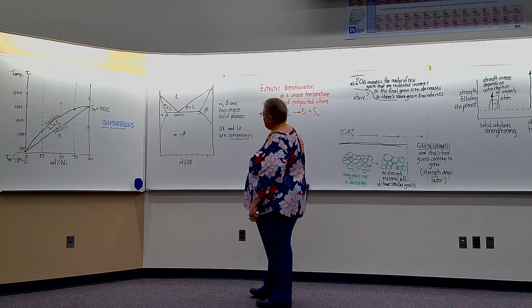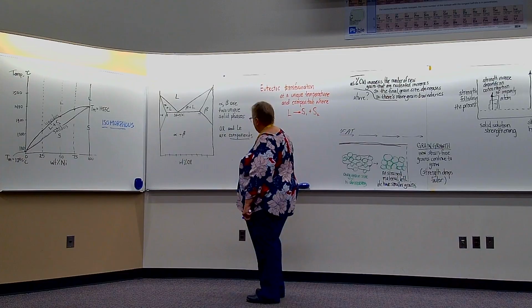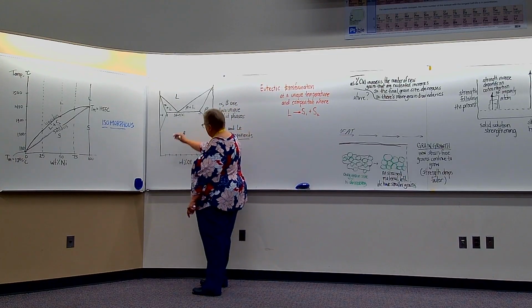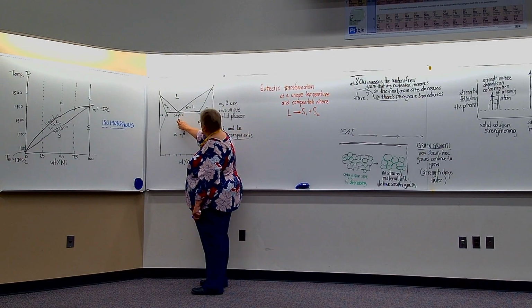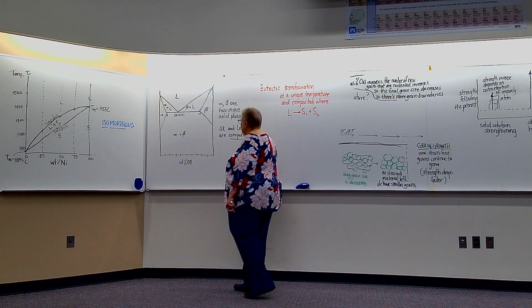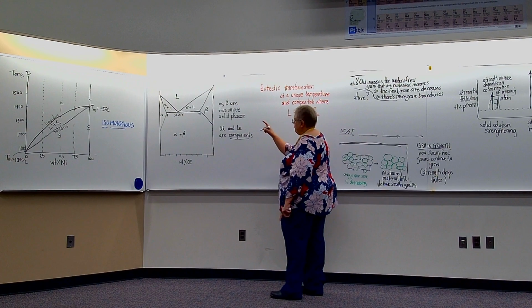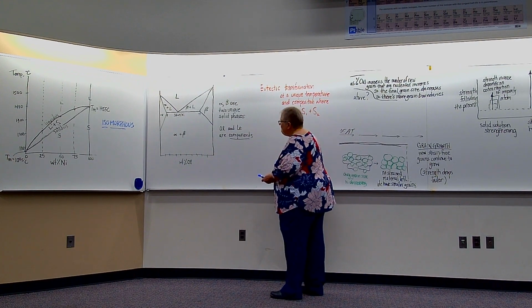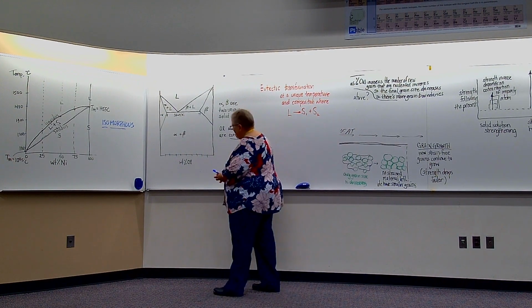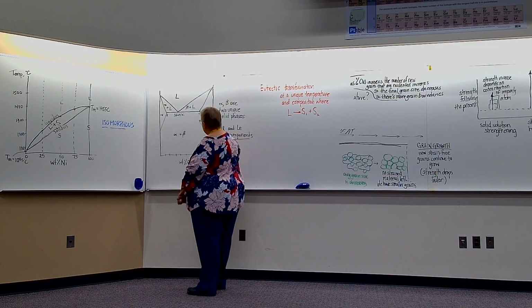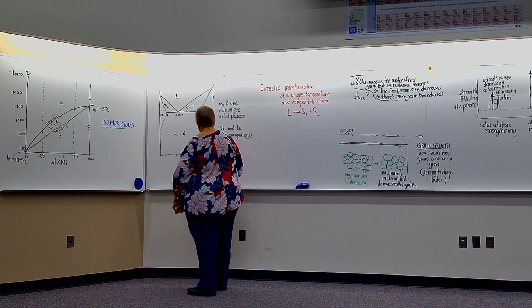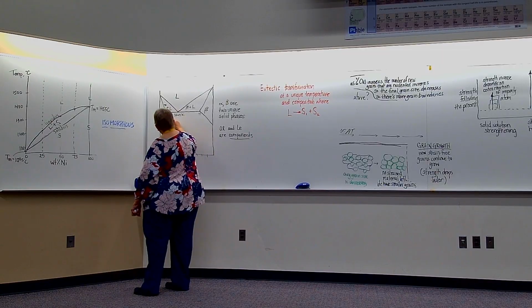So I've taken that line that starts at 18 weight percent OL, and it has this meeting place of 35, and it has this endpoint at 77. So for this phase diagram, that eutectic transformation is right here.